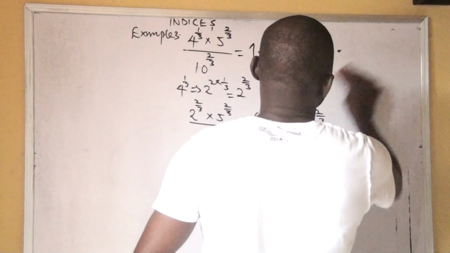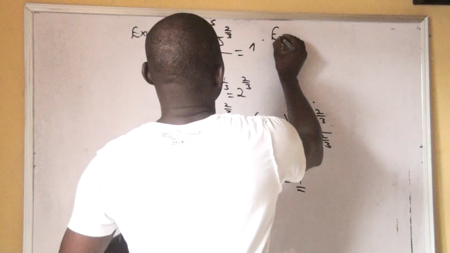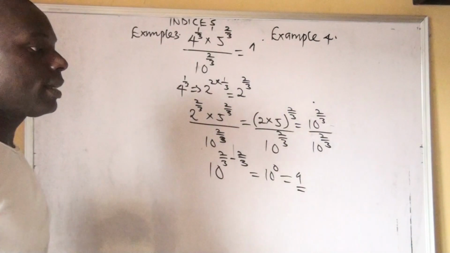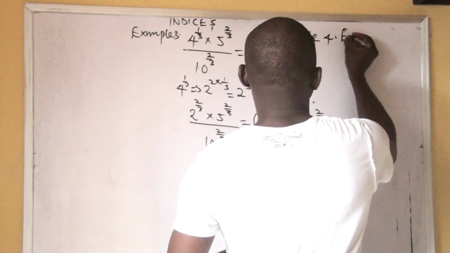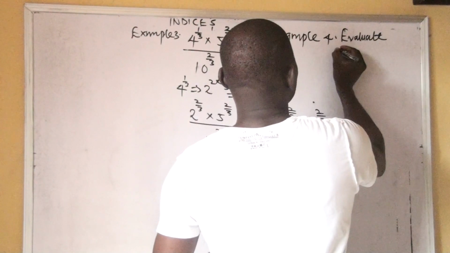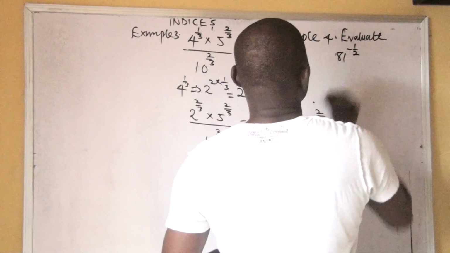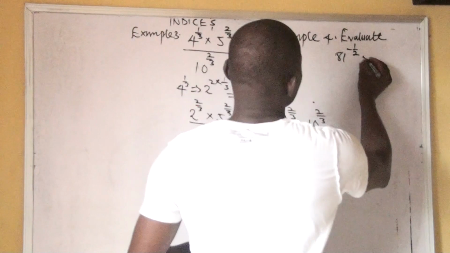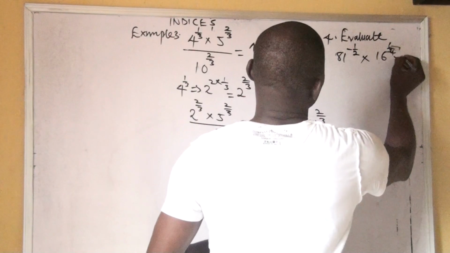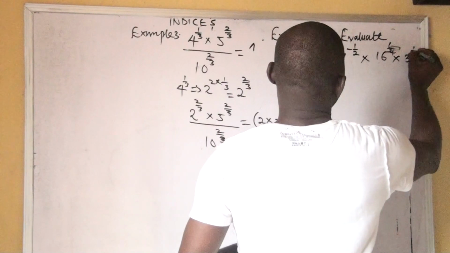Now let's look at another example. Imagine we are given this: simplify or evaluate 81 raised to power minus 1 over 2, times 16 raised to power 1 over 4, times 36 raised to power half.